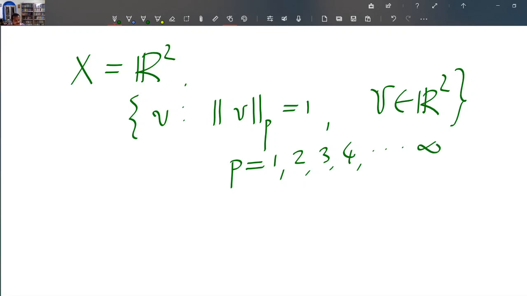We are going to discuss p equal to 1, 2 and p equal to infinity, and using GeoGebra you can see what happens for 3, 4, 5, etc.